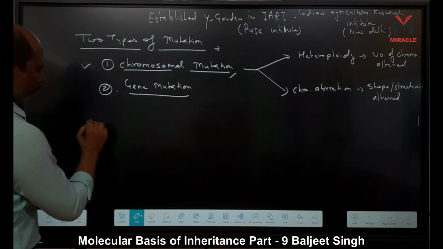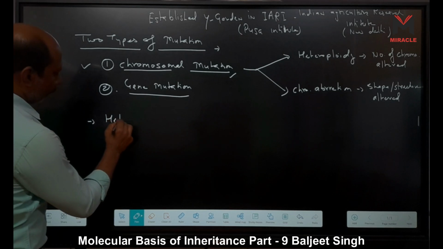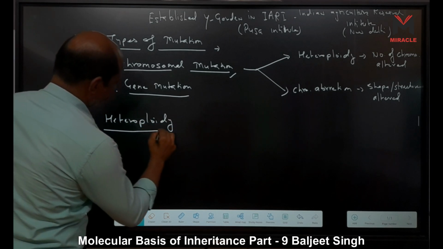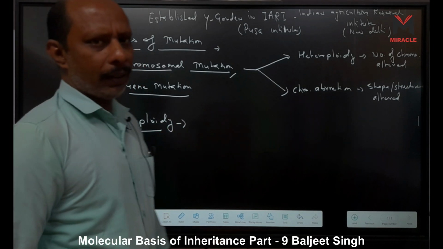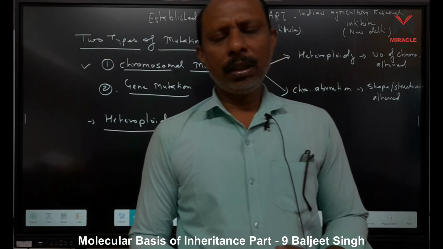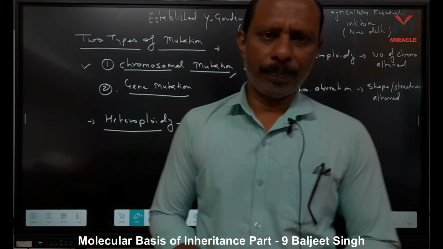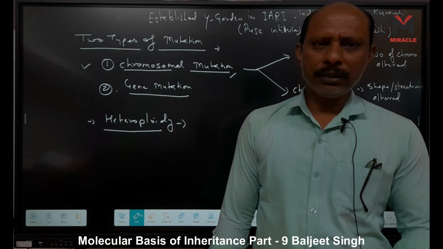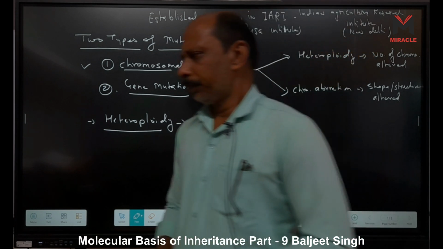The first one is heteroploidy. Hetero means different. When the number of chromosomes differs from the original, either less or more in number, right?